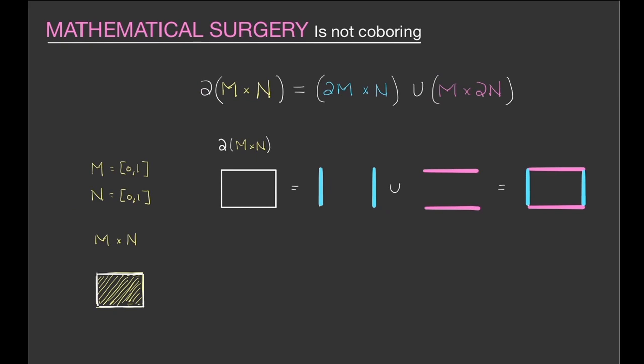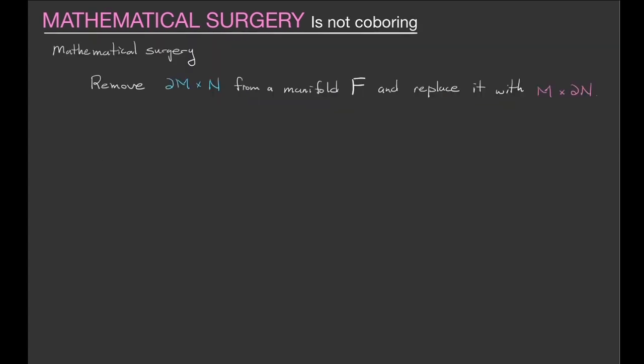Now let's see how we can use this to perform surgery on manifolds. This is just so neat. I love it. Now, of course, there's medical surgery, which is its own thing, but then there's mathematical surgery. What's perhaps different about mathematical surgery is that it always involves taking something away and then putting something back.